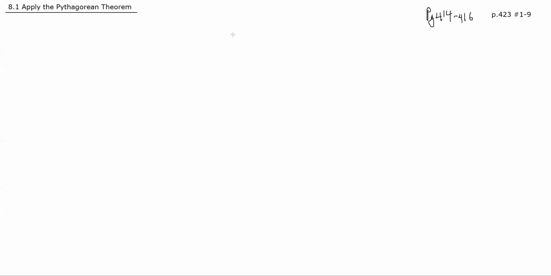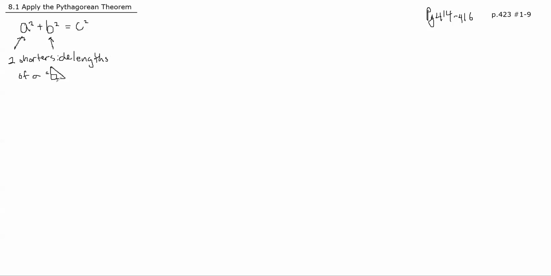Let's start with the basics. We know that the Pythagorean theorem is a squared plus b squared equals c squared. That's something you've probably seen before, but if I were to break this down as a full review, a and b are the two shorter side lengths of a 90-degree triangle.